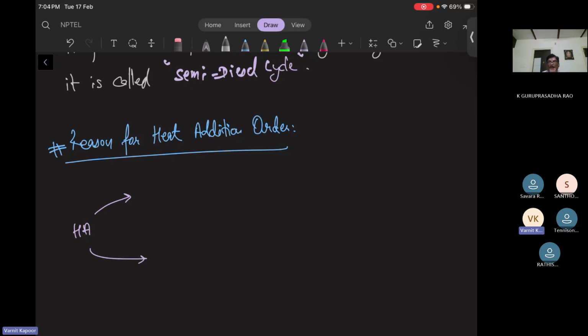First, heat is added at constant volume, and then secondly, heat is added at constant pressure. So there are two ways to understand this: the first is the practical way, the second is the theoretical way.